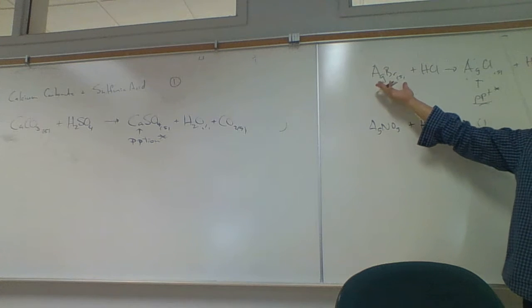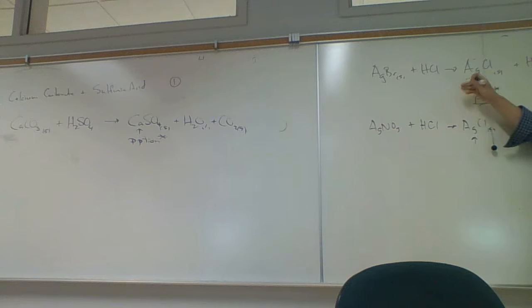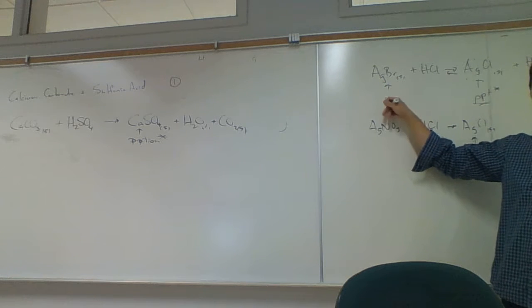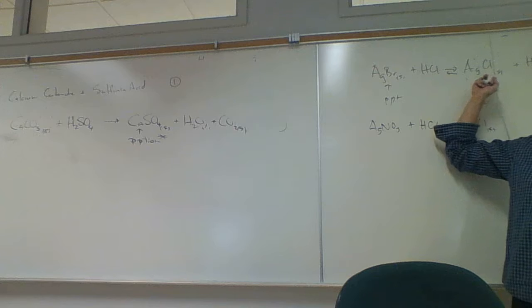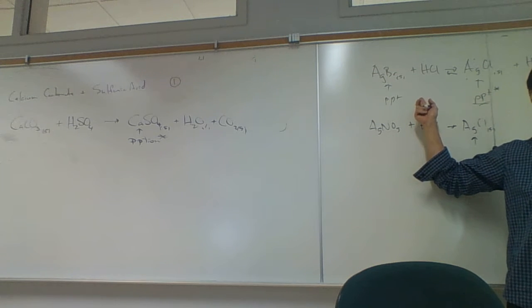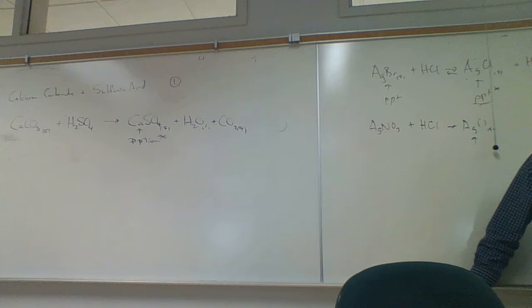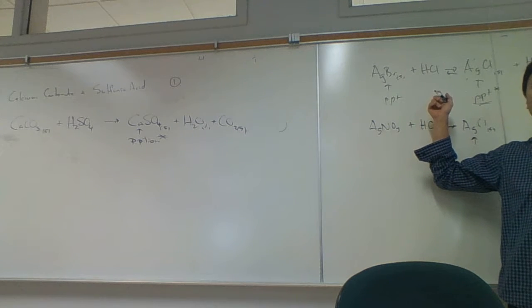Because if I go in the backwards reaction, HBr plus silver chloride, this yields a precipitate. Do you see? Both directions yield a precipitate. The forward direction yields a precipitate, the reverse direction yields a precipitate. And therefore, we don't know which way it goes because we need additional information. And that additional information is which precipitate is more stable.